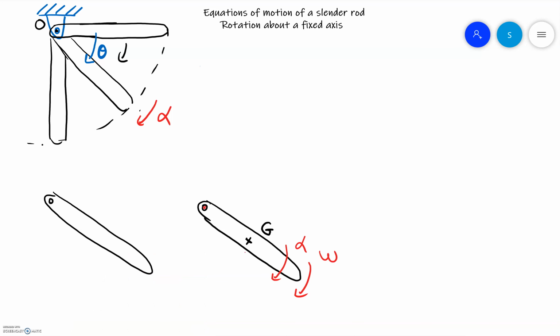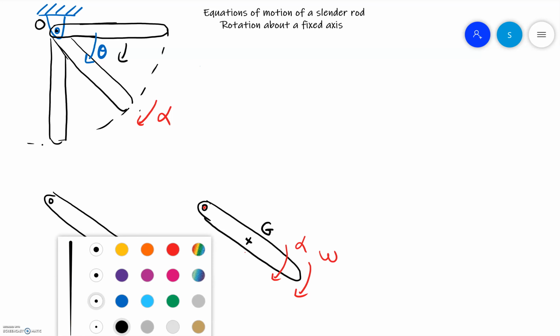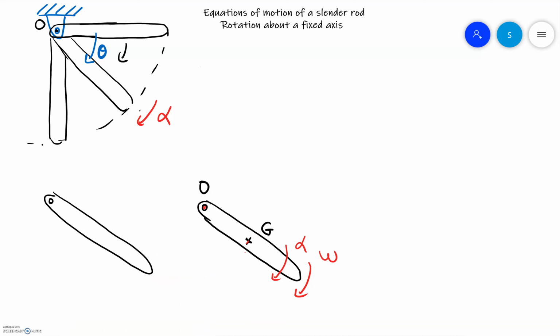So it's rotated about the point O. Let me write O. So my acceleration, that's the A of the gravity center G, tangential, and it's going down, left and down. Okay, that's the path of my point G. And the normal acceleration is always toward the center. So that's A of the point G, normal acceleration.